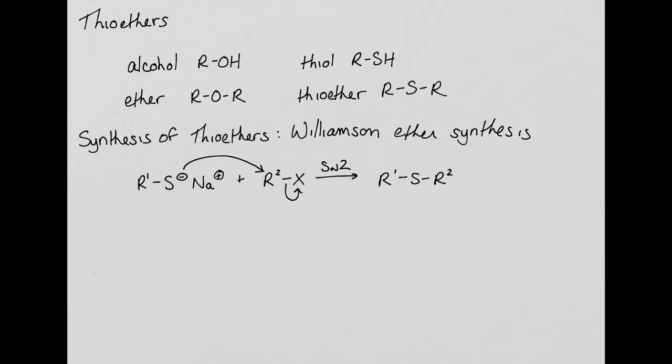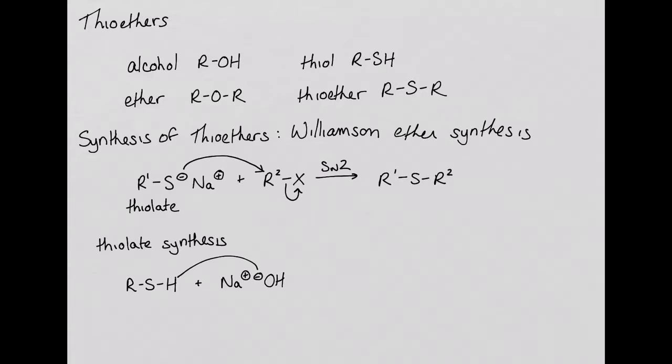However, because the thiolate is a weaker base than the alkoxide, the thiol is a stronger acid and can therefore be more easily deprotonated. We can use sodium hydroxide to deprotonate a thiol to synthesize the thiolate for a Williamson ether synthesis. If we treat a thiol with sodium hydroxide, the hydroxide will deprotonate the thiol to produce the thiolate.